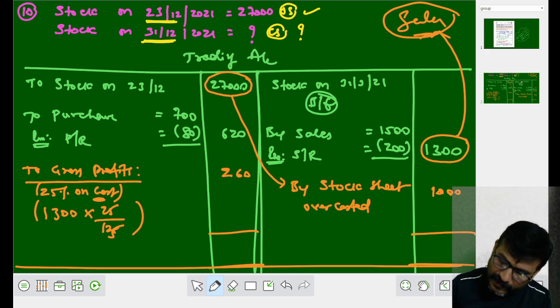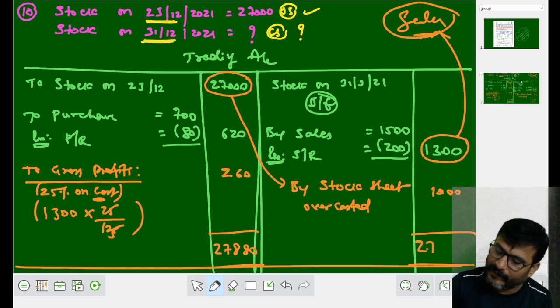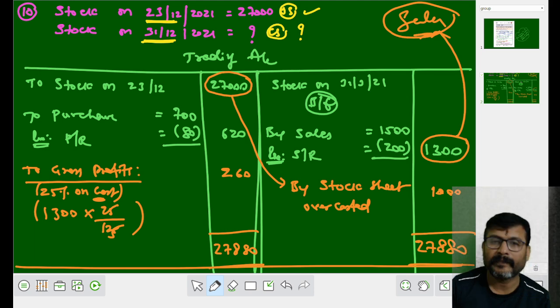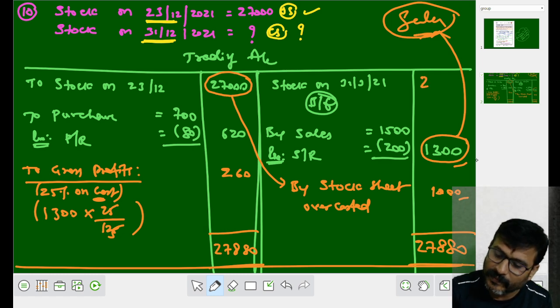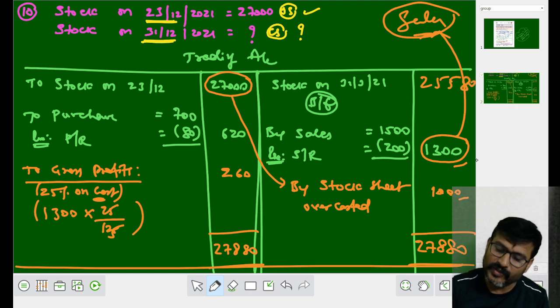Debit side is 27,880. Out of this, subtract 1000, subtract 1300. It comes 25,580. What is it? Stock on 31st March as a balancing figure.